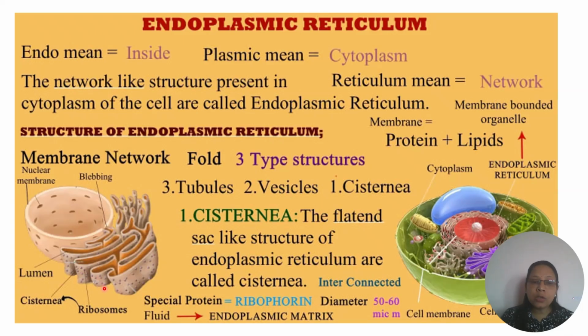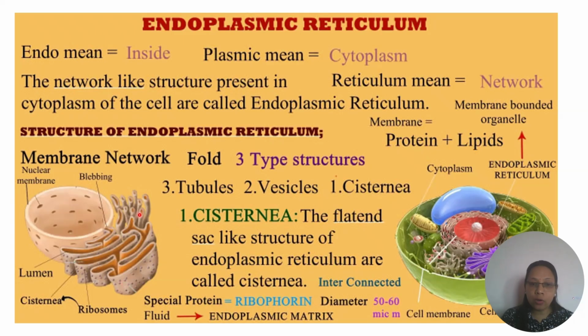The presence of ribosomes on the surface of ER gives a rough appearance, and that's why this ER is called rough endoplasmic reticulum. Because these ribosomes are granular structures and they sit on the endoplasmic reticulum surface, the cisternae, this ER is called rough endoplasmic reticulum.